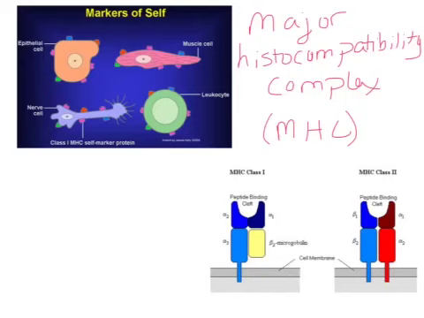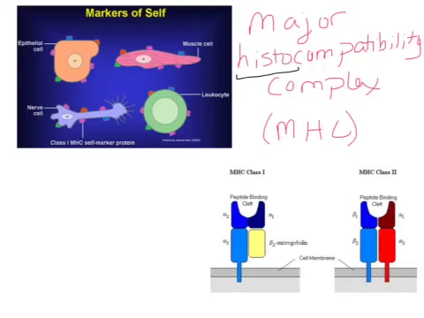Let's break that down a little bit. Histo is tissue. So I'm looking for a big, important thing here that is compatible with the tissues. It's a network of proteins that's compatible with my tissues.